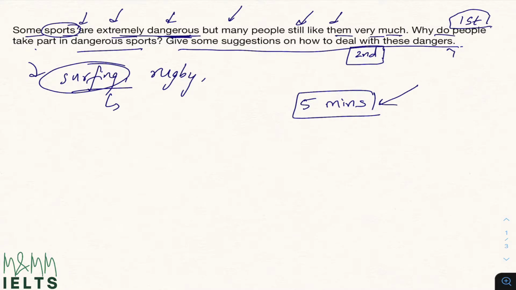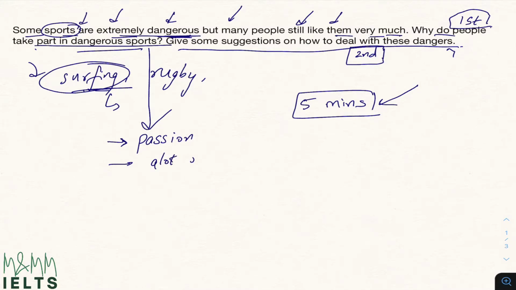My first question is, why do people take part in dangerous sports? Now, sports like surfing or rugby, why do people take part in that? First thing that comes to my mind is passion. People like those sports, so it doesn't matter if they're dangerous or not, they just like doing them. Another thing that comes to my mind is a lot of money, for sure.